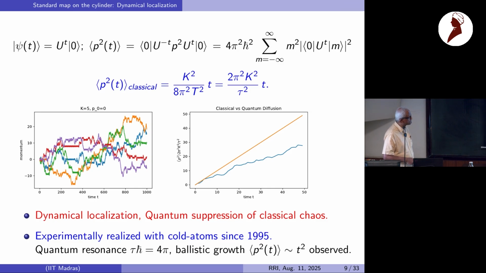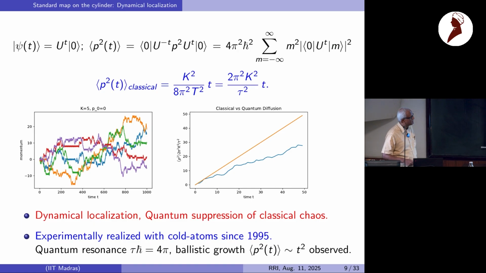So tau h bar equal to 4 pi is a quantum resonance case, and in this case there is ballistic growth of the momentum. It goes not only as t, it goes as t square, which is very easy to obtain analytically because you have only the kick part. If you have only the kick part or only the free part, it's very simple to do. You can see that it's t square, which is even more than the classical.